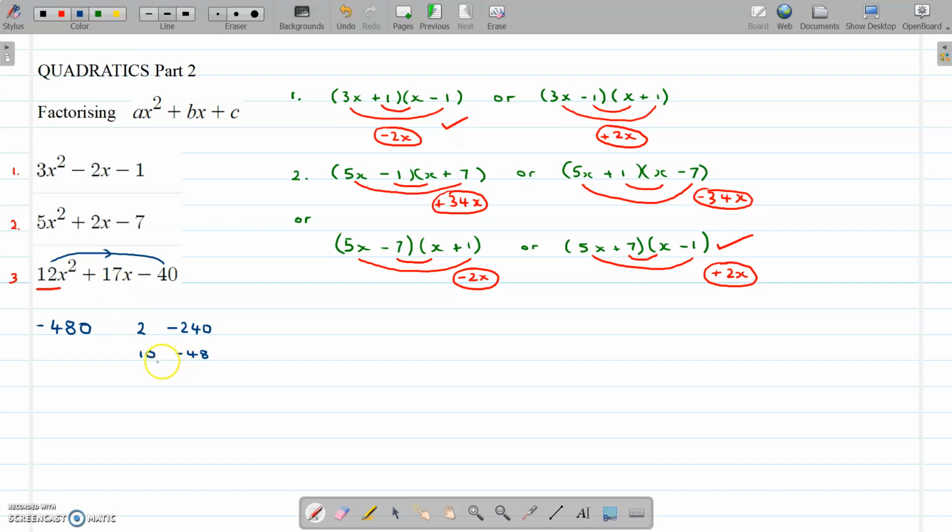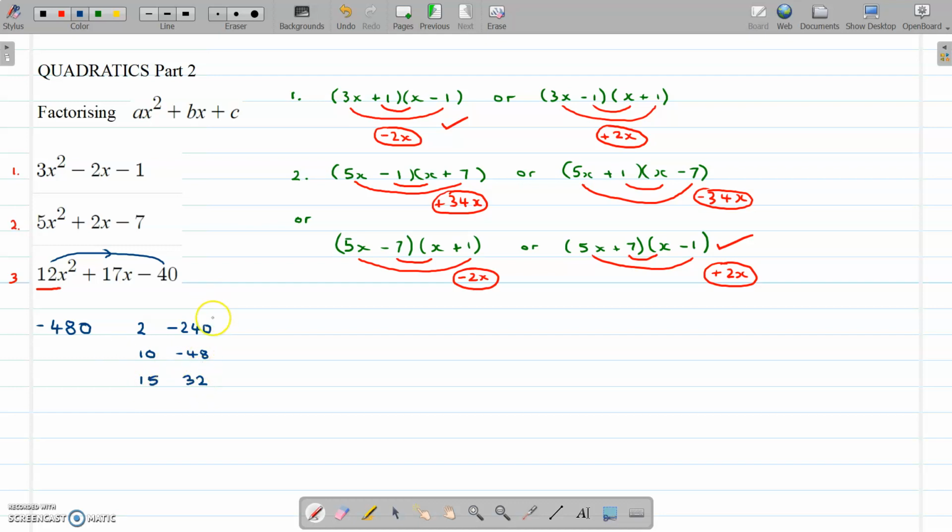Well, I can see that these are both going to make large negative numbers. So we need to probably be putting the minus sign on the other side. Let's try 15 and 32. I'm cheating slightly because I know they are correct, because I'm looking for a pair of numbers with a difference between them of 17.